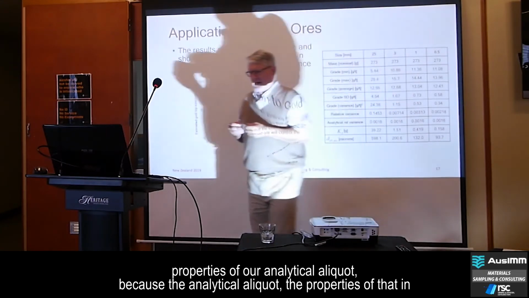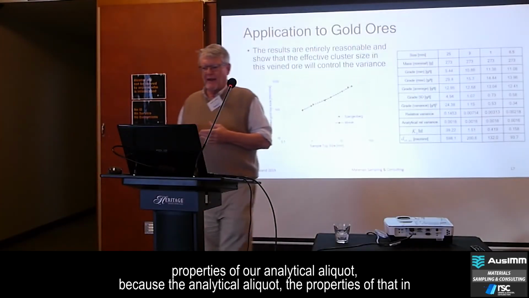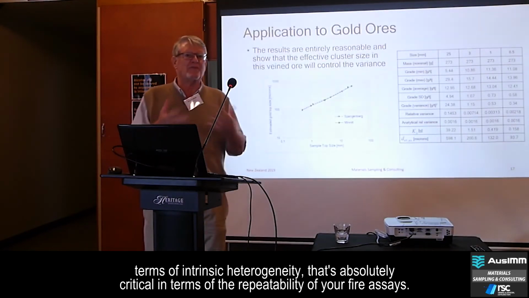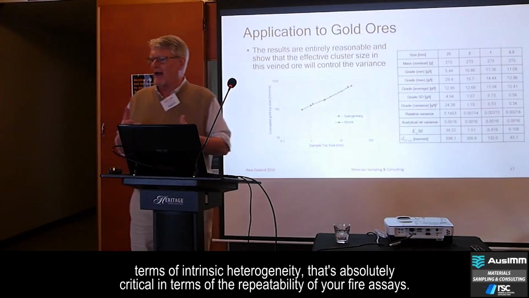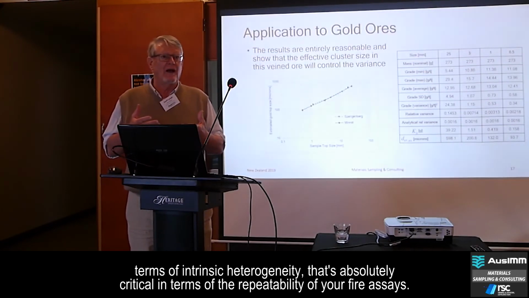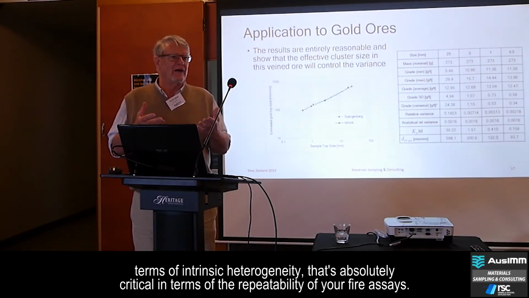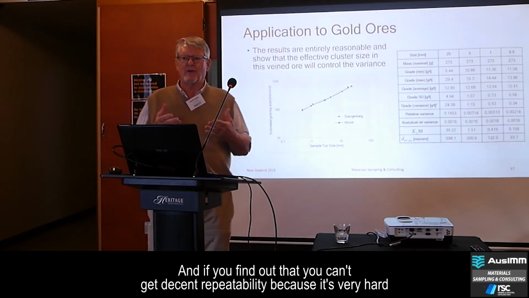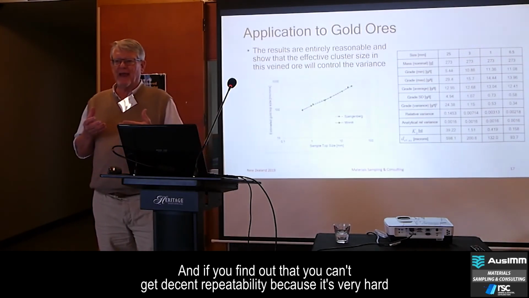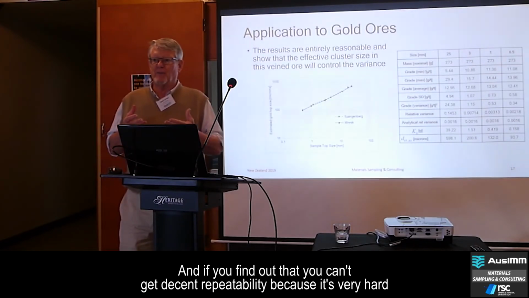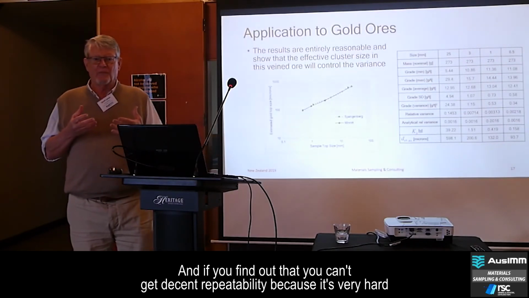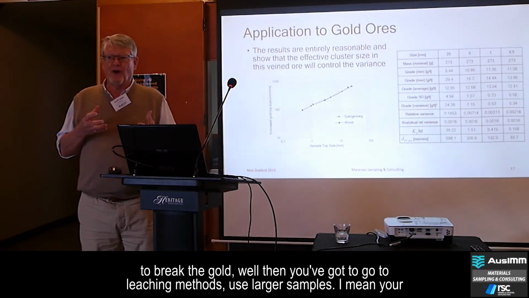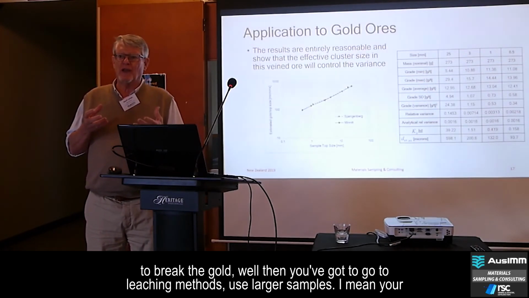Because the analytical aliquot, the properties of that in terms of intrinsic heterogeneity, that's absolutely critical in terms of the repeatability of your fire assays. And if you find out that you can't get decent repeatability because it's very hard to break the gold, well, then you've got to go to leaching methods.